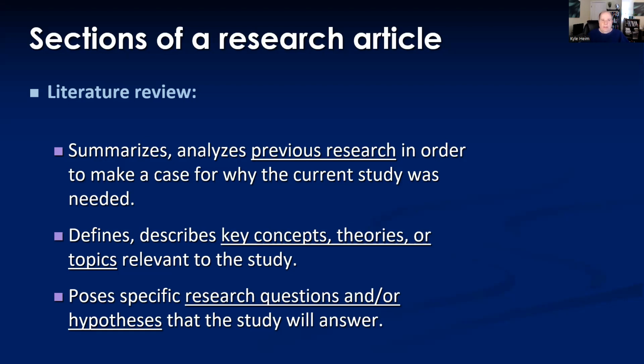The literature review is also a section where you want to define and describe your key concepts or theories or topics that are relevant to the study. So in my study, I talked about whether Twitter is a democratizing or normalizing influence. So I had to explain what I mean by a democratizing or normalizing influence.